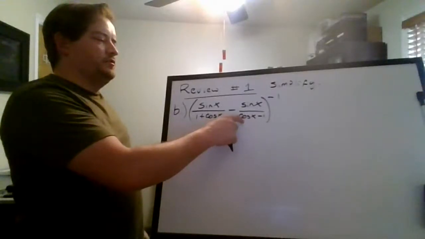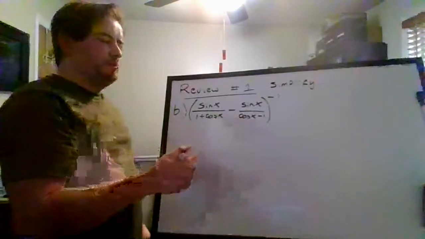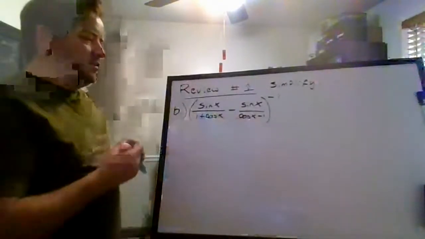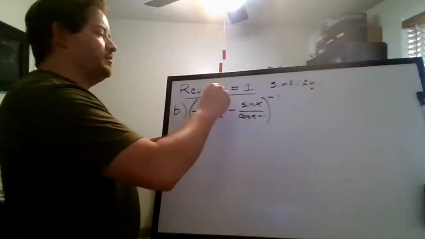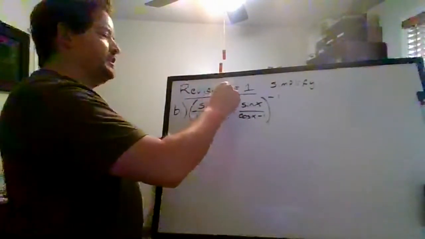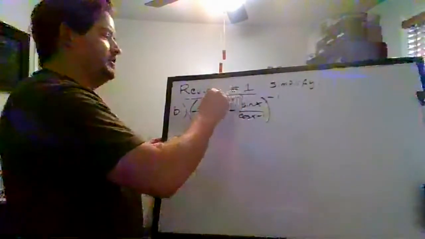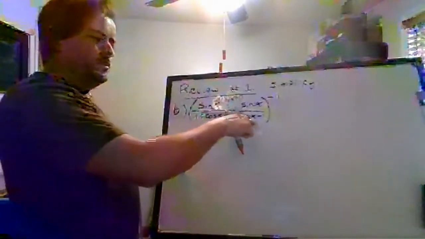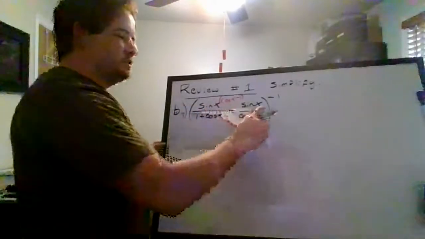I've got fractions. I'm going to have to combine those by multiplying by the common denominator, which means this left one, I'm going to have to multiply both the top and bottom by cosine of x minus 1. And on the right, I'm going to have to multiply by 1 plus cosine of x.